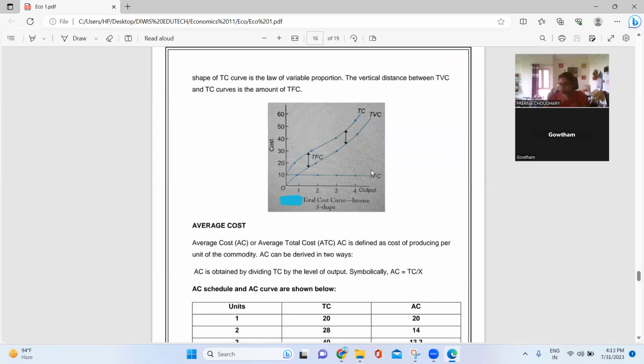If you see the distance between them, we can say the curve has shifted parallelly upwards, and the distance is the same as the fixed cost. In this question, we have a fixed cost of 10 rupees. So the difference between TVC and TC is 10. The distance between TVC and TC is 10, so that is the fixed cost.